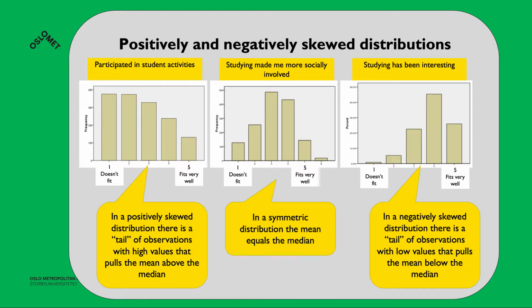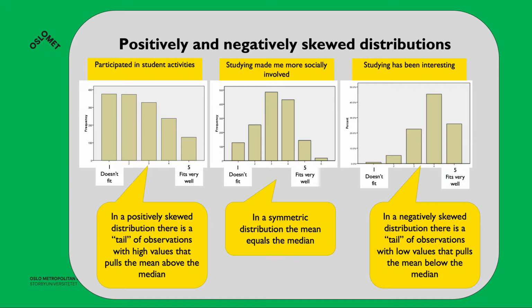So the main weight in the distribution is on the negative side. So it's positively skewed, or we are lacking answers on the positive side. That's why we call it a positively skewed distribution.